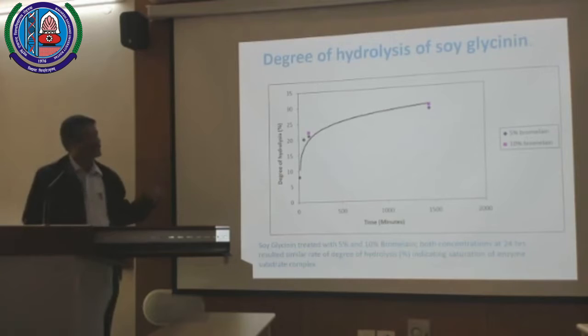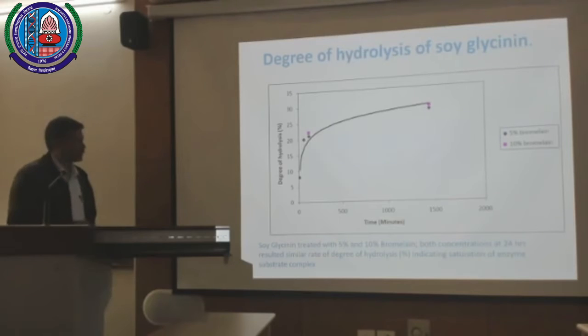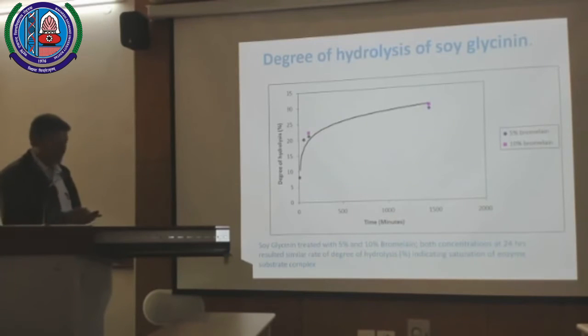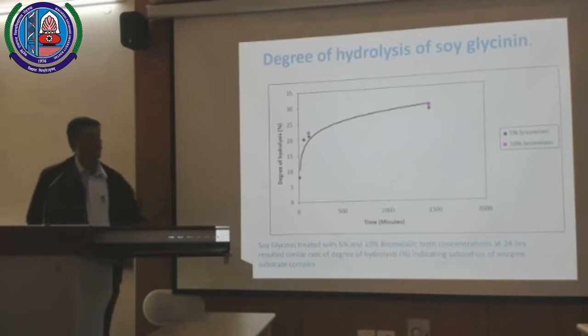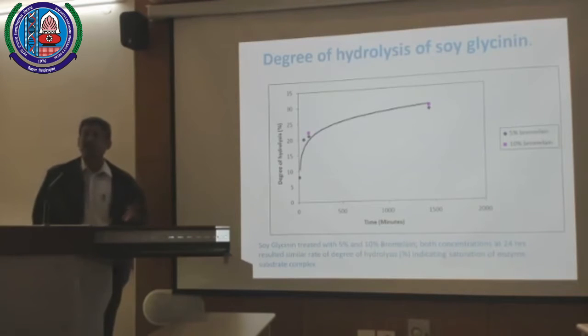The degree of hydrolysis with two protein concentrations. Yesterday we were talking about a similar rate of concentration. Even though we increased the bromelain concentration to twice the amount, we didn't see any significant difference. The idea is that if we achieve the end product at lower concentration, we are not going to put a high concentration of enzyme into the system, which would have a detrimental effect.